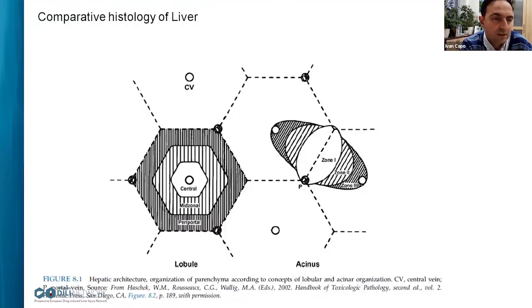We will discuss more about these zones, which are parts of the classical lobules and are highly connected with the type of damage. The central vein and the damage around the central vein are connected with drug intoxication or ischemic changes which we can expect in the liver.